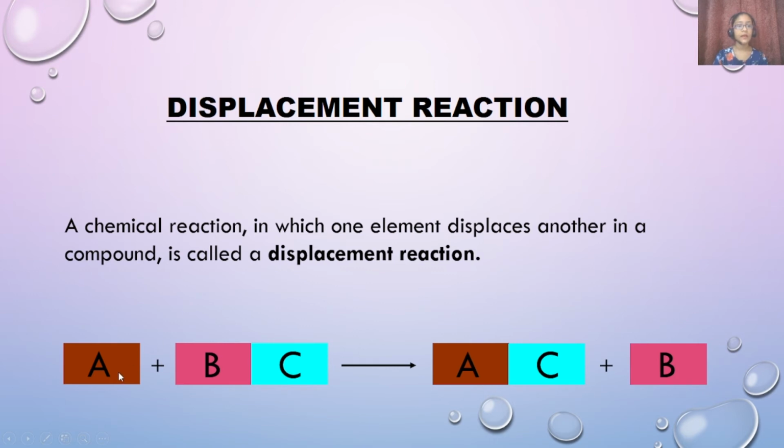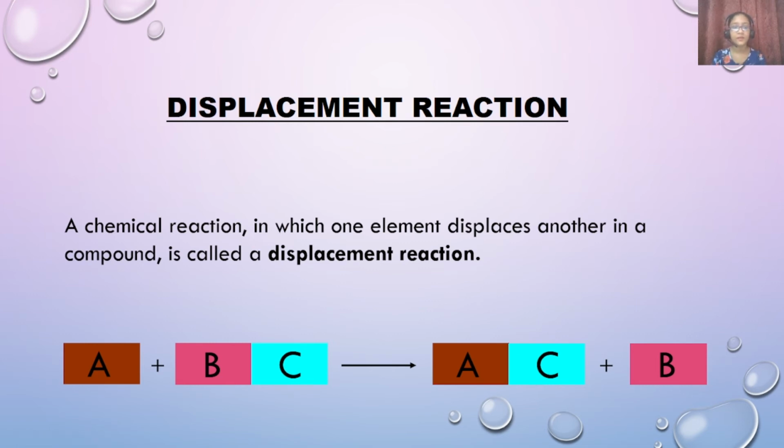Here, A has displaced B in the compound of BC and has combined with C. Here, the strongest element, which is A, has displaced B and has combined with C.